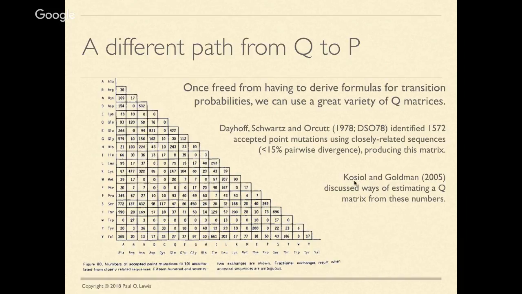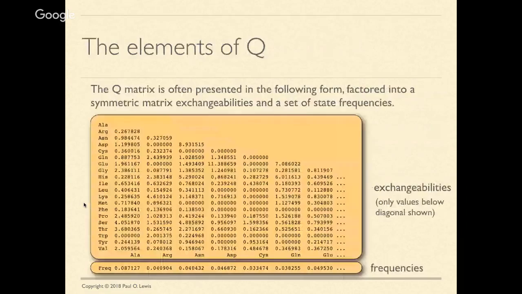And this paper by Kosiol and Goldman in 2005 does a nice job of discussing ways of estimating a Q matrix from these numbers. But basically, we're using diagonalization sort of backwards. We're starting with some evolution that's happened over a certain amount of time, and we're going to extrapolate backwards to get a Q matrix from that.